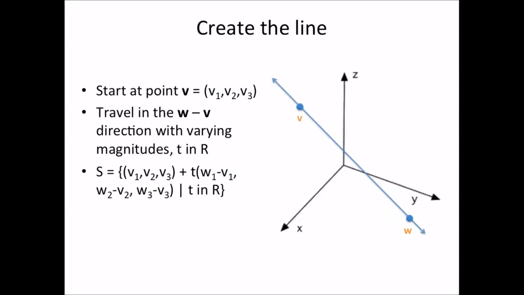S equals v, v1, v2, v3, plus t times w minus v, w1 minus v1, w2 minus v2, w3 minus v3, such that t is a real number. So we've created the line. Now we need to prove that it passes through both of our points v and w.